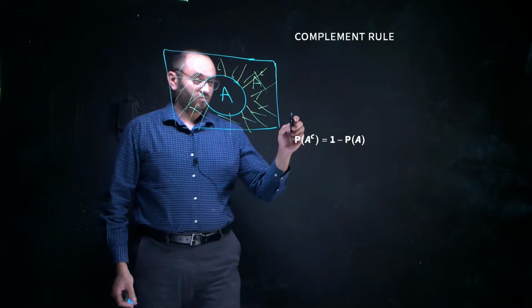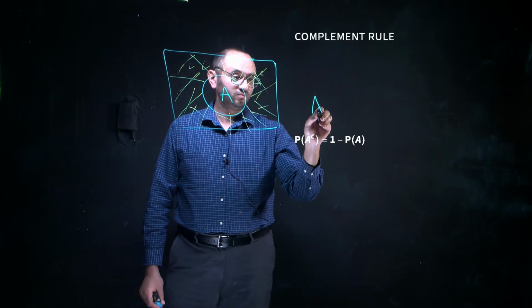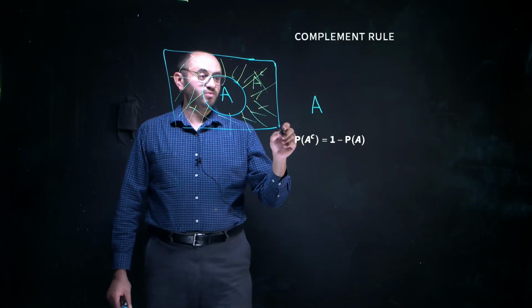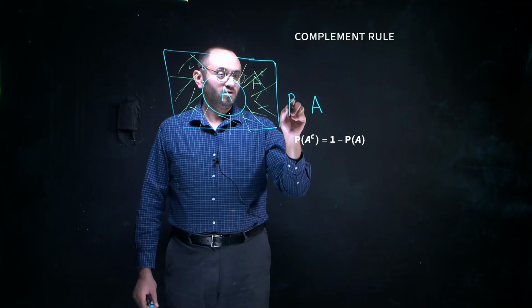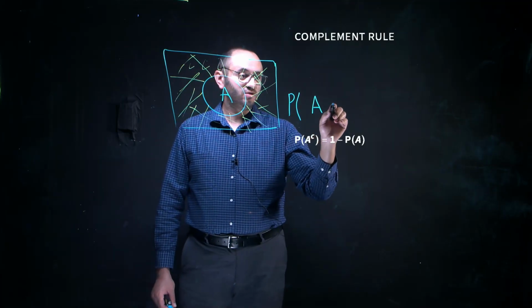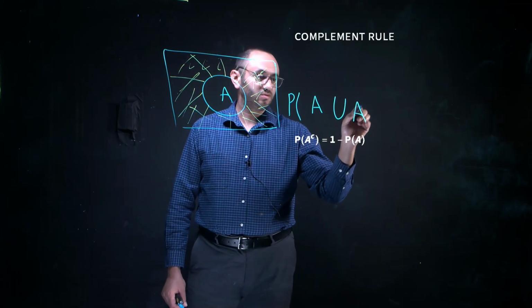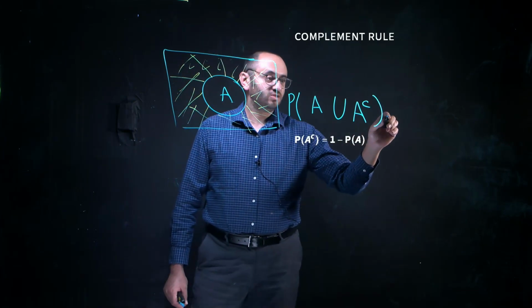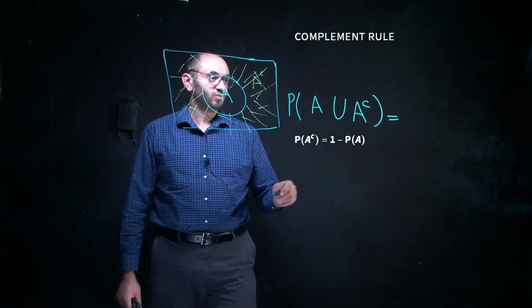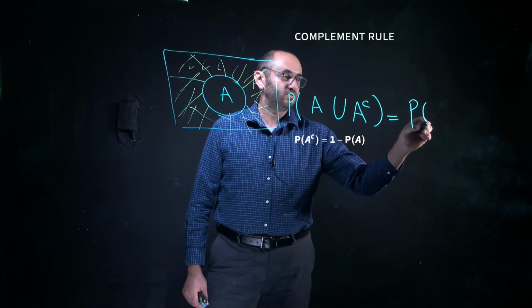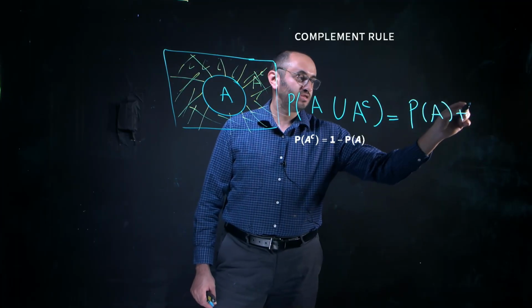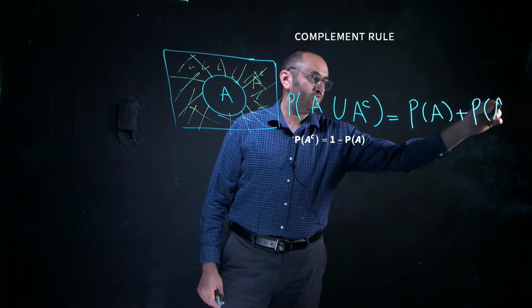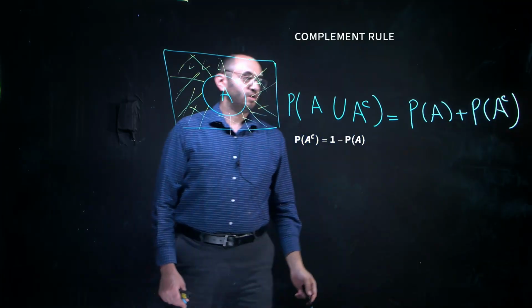So probability of A union A complement equals probability of A plus probability of A complement, right?